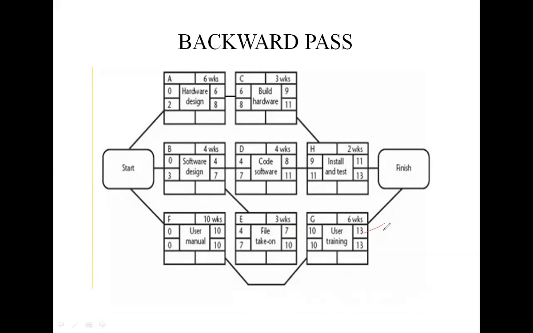Activity H must therefore start at week 11 at the latest, 13 minus 2, and the latest start date for activity G is 13 minus 3, that is 10.